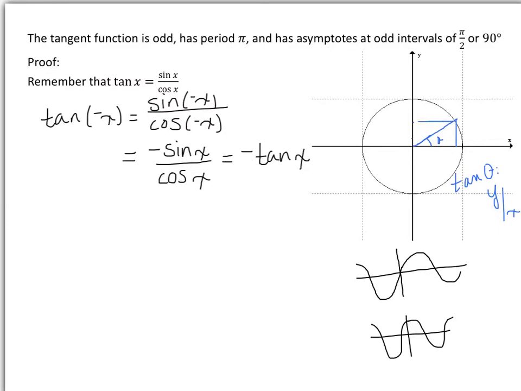So we should have figured out by now that the tangent is the slope of this line. Well, as we move around the circle, this slope increases and increases until it becomes vertical. When it's vertical, that slope is undefined. That's also when we start looking at that point 0, 1, and we said the tangent was 1 over 0, which is undefined. That's part of why that happens.